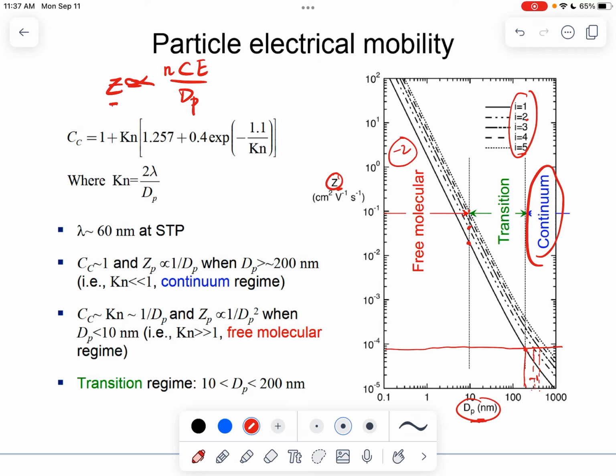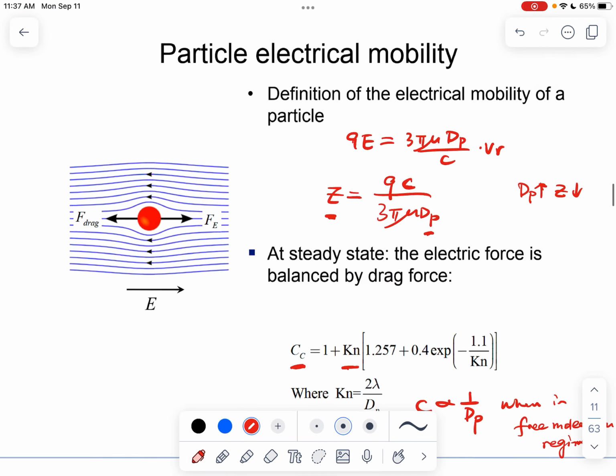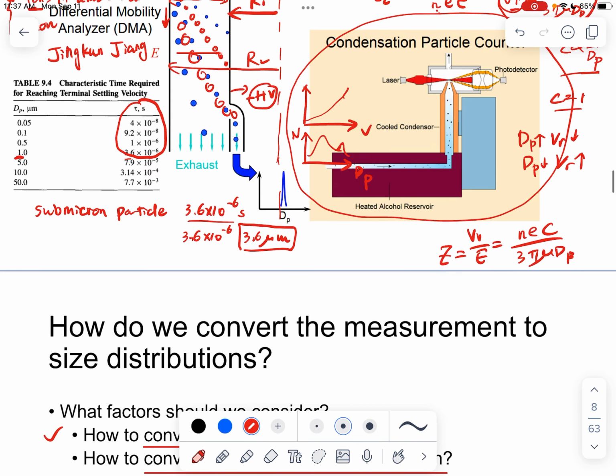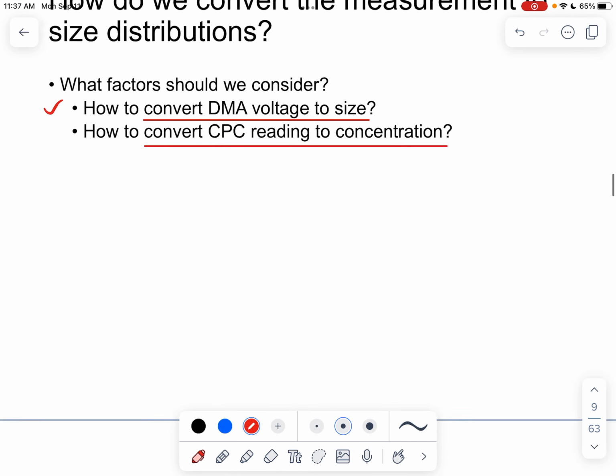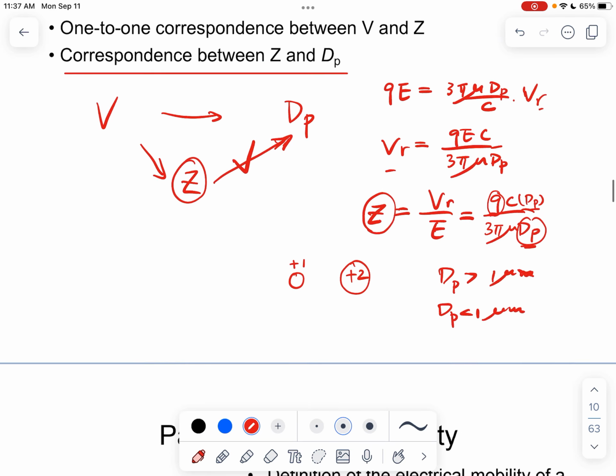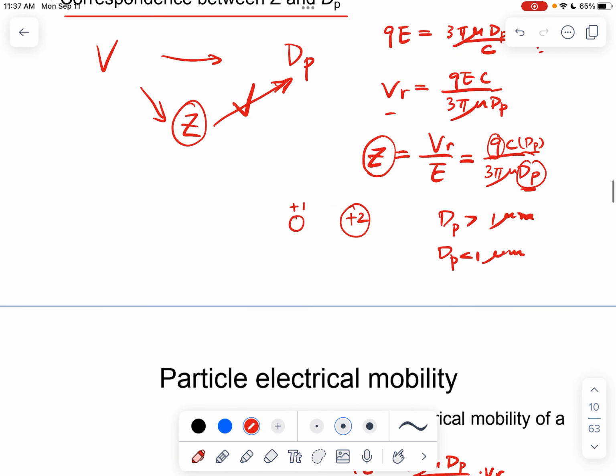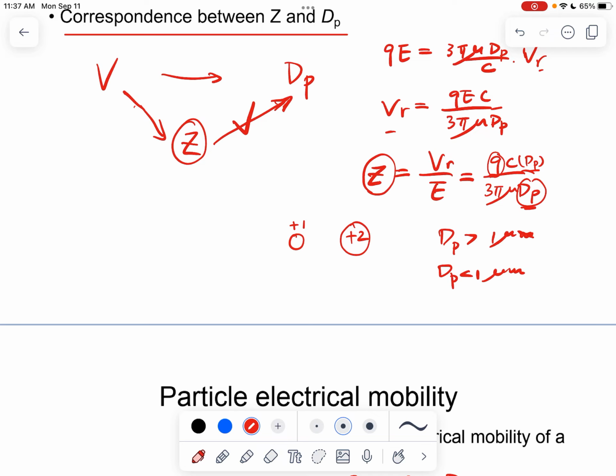You can collect particles of 300 nanometer carrying 3 charges, and so on, right? So it's a mixture of particles with different sizes and different charges. So what that means is that the CPC measurement you conducted here is more complicated than a uniform size.